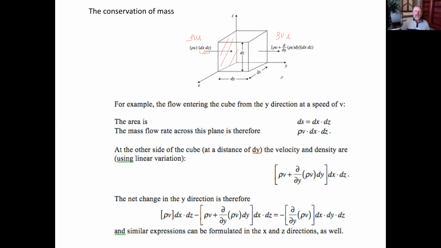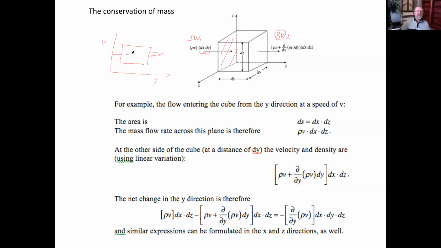But now I'm trying to see whether something changed, maybe the velocity changed, maybe even the density changed. So let me do something else. Let's say this is the y coordinate, which is parallel to this one here, and this is the velocity v. Let's say it's constant before the box. This is the box, and then it comes out here with a higher speed.